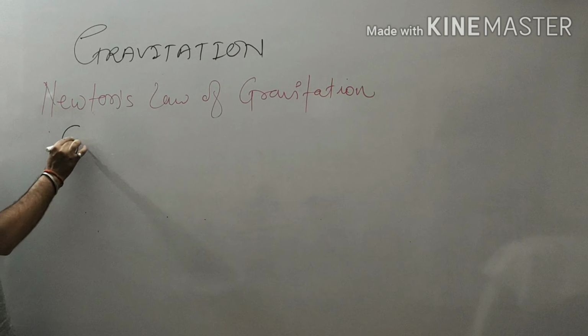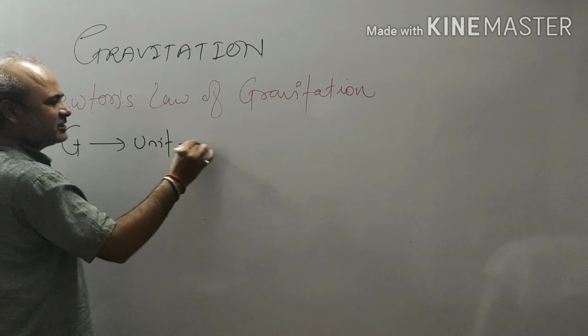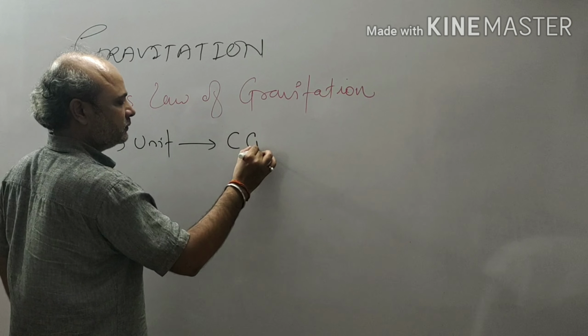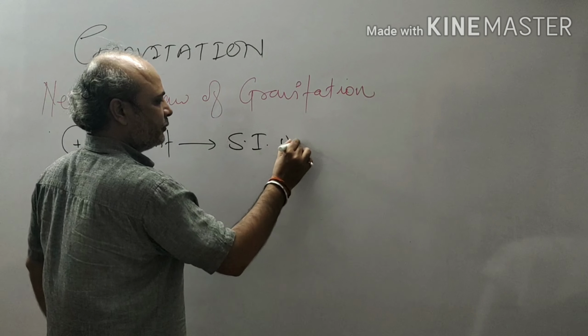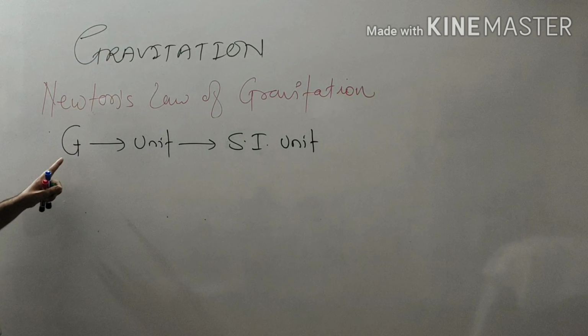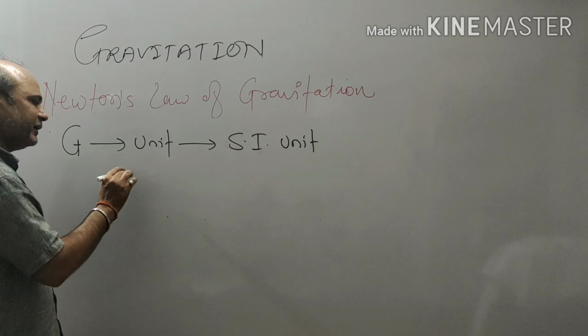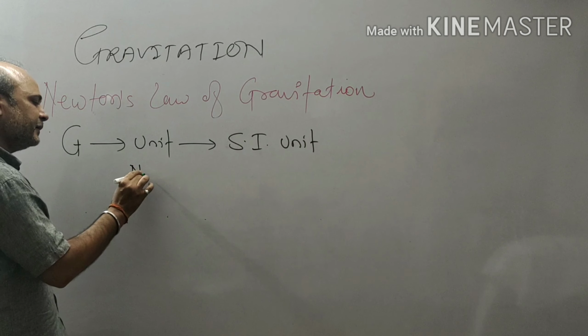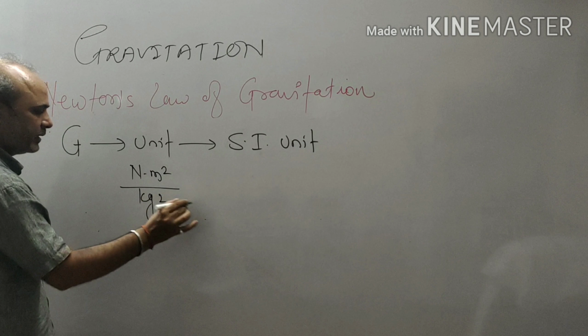Now, what is the unit in CGS or in SI? In the SI unit, G is Newton meter square per kg square.